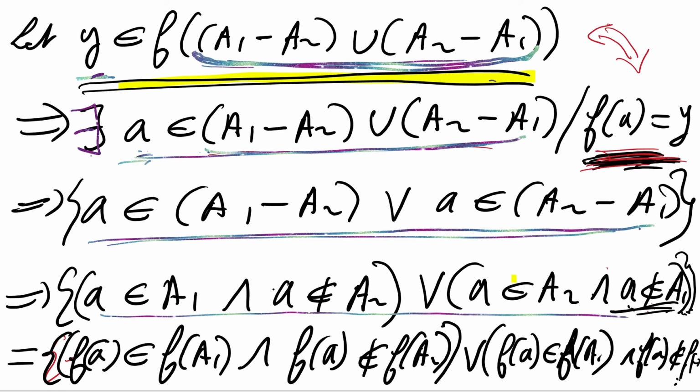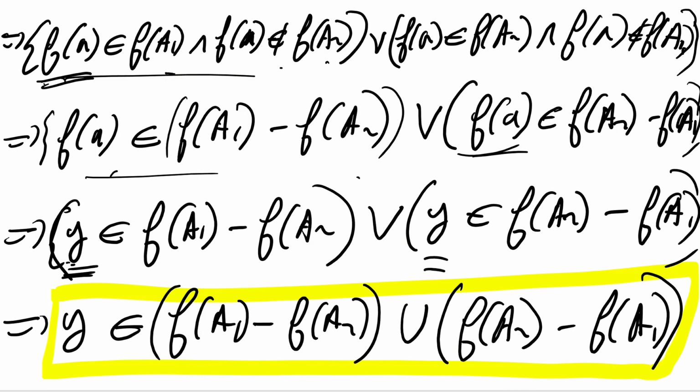Then from here, we can apply the f function on both sides of every element. So apply f here, f here, f here. And we can do so because the function is 1 to 1. So I basically have f of A is in f of A1, and f of A is in f of A2, and so on. I basically just copy what we have here.